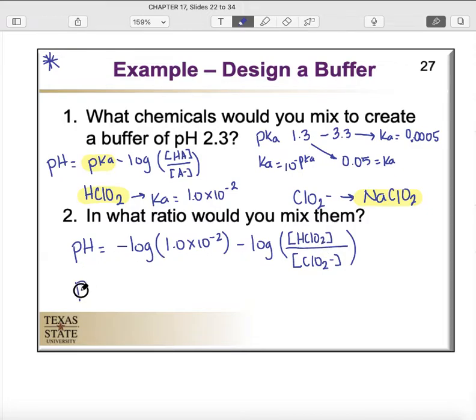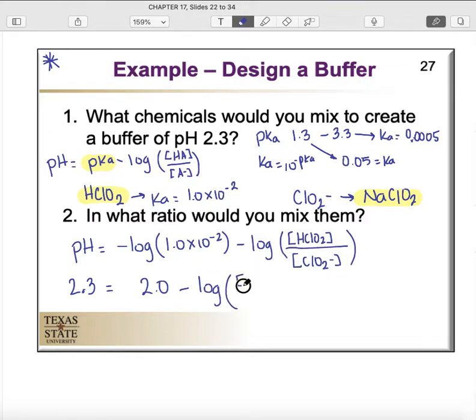So pH is going to be equal to the negative log of 1 times 10 to the minus 2, which is equal to 2.0. And actually, I'm going to go ahead and replace the pH with the pH that I want. So the pH that I want is actually 2.3. So 2.3 is equal to 2.0 minus the log of the ratio that I want.